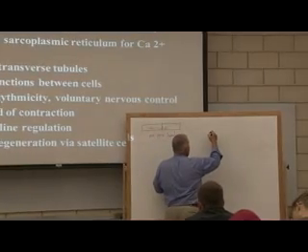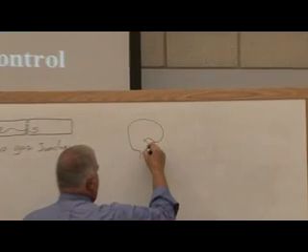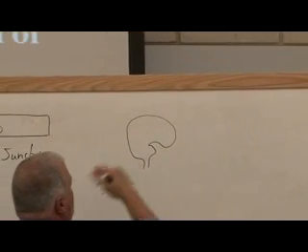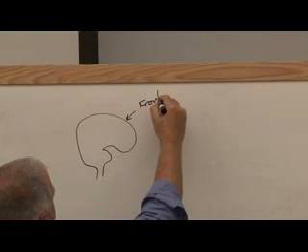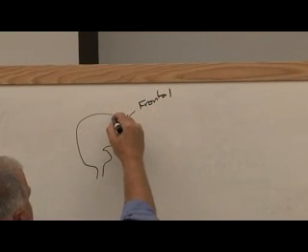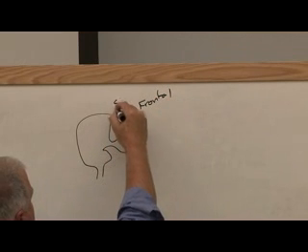But when you kind of look at the brain, this is why I do PowerPoints. But this would be our frontal lobe. And the back portion of our frontal lobe is critical to controlling skeletal muscle.